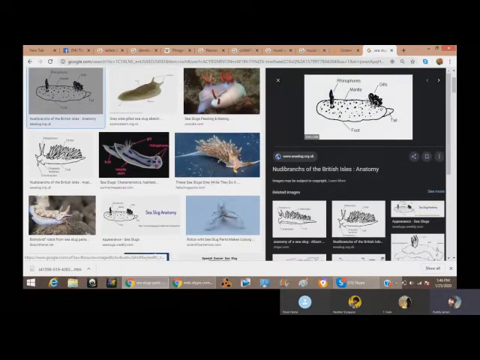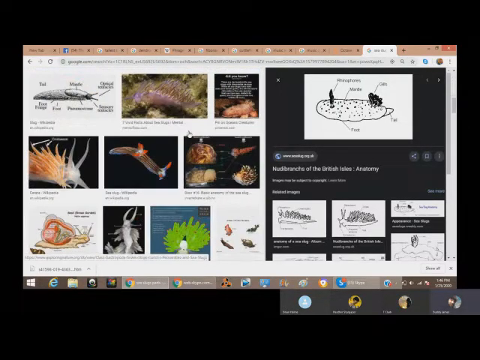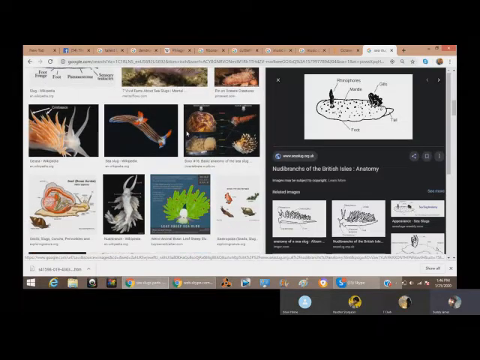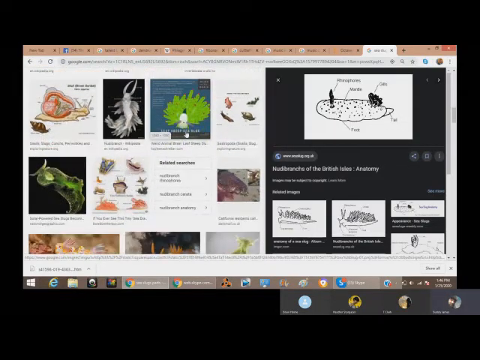And what's weird is their gills, their lungs are outside their bodies, which I wrote down the name for too. There's another cool name for it. So the rhinophores here are the same kind of structure as snails' eyes.